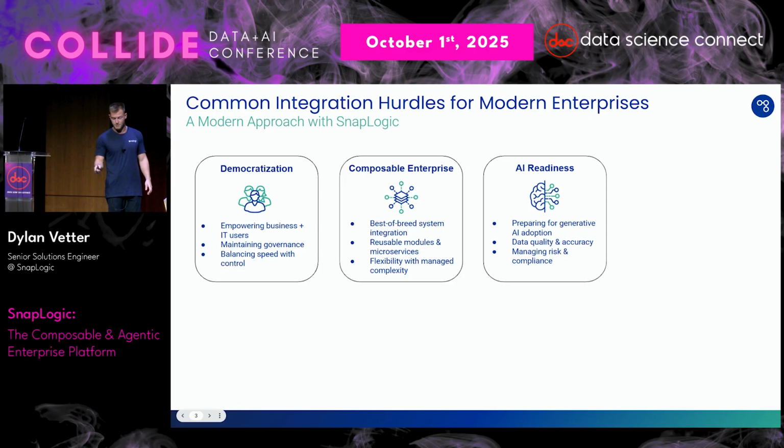AI readiness. 3 years ago, this would not be on my slide. When I first started at SnapLogic, it was just integration and all the problems that come with it. But nowadays, AI readiness might be the top priority when I talk to people in business meetings, because it's a relationship that you would not think would fit together. Integration and AI, right?